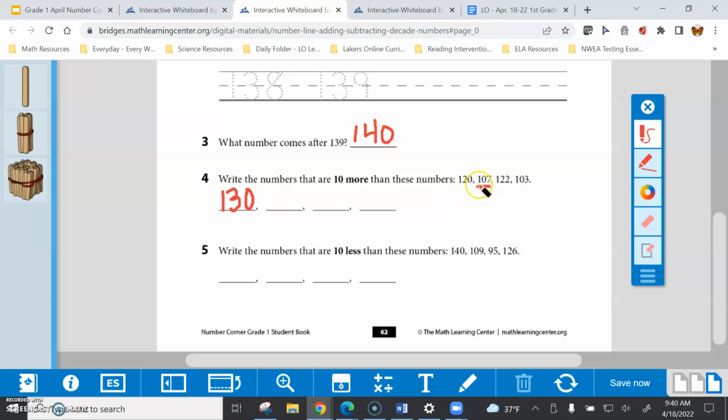Well, let's do this. You know what? We can do this one together. 107. Let's get our 10 fingers ready to add on 10 more. We have 107. What comes next is 108, 109, 110, 111, 112, 113, 114, 115, 116, 117. Oh, wow.